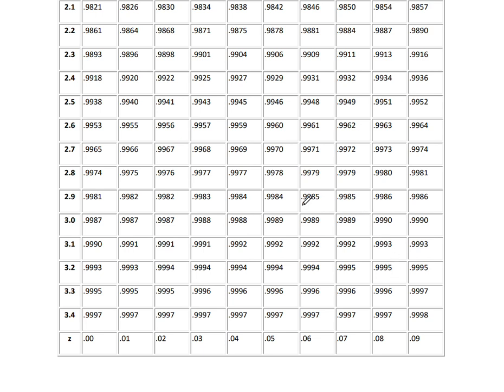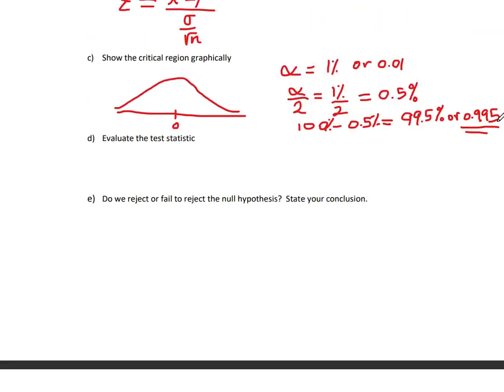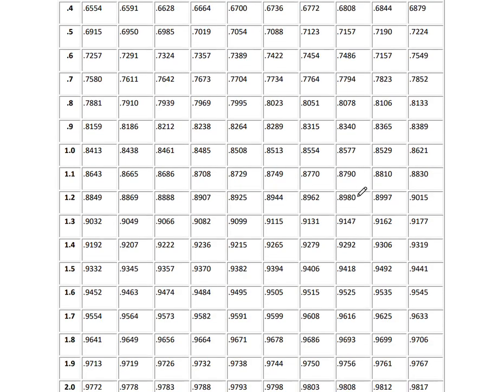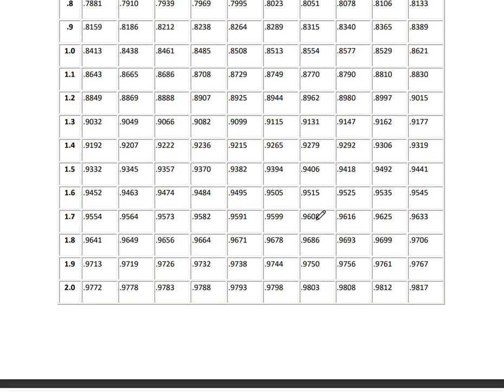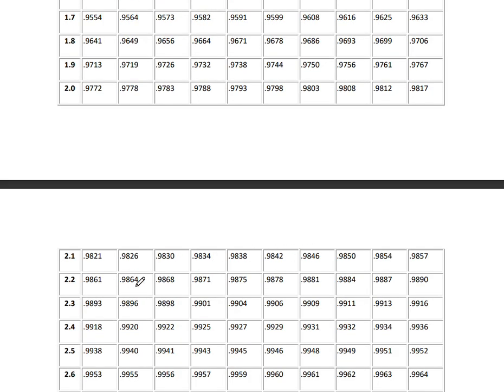So 0.995, here we go through and we realize that the closest value to 0.995, so we have to be careful. The way to locate this value is to go to 0.99 here, and then you're trying to find 0.995 or the closest value to it.